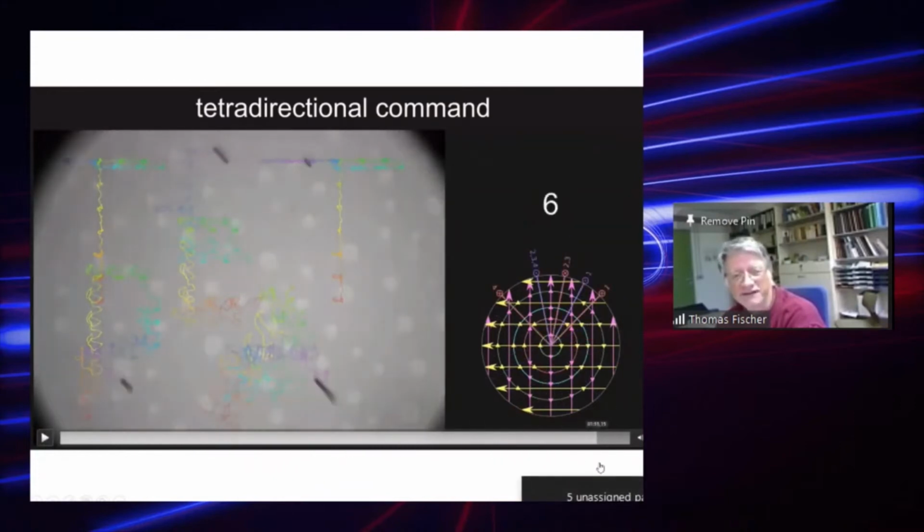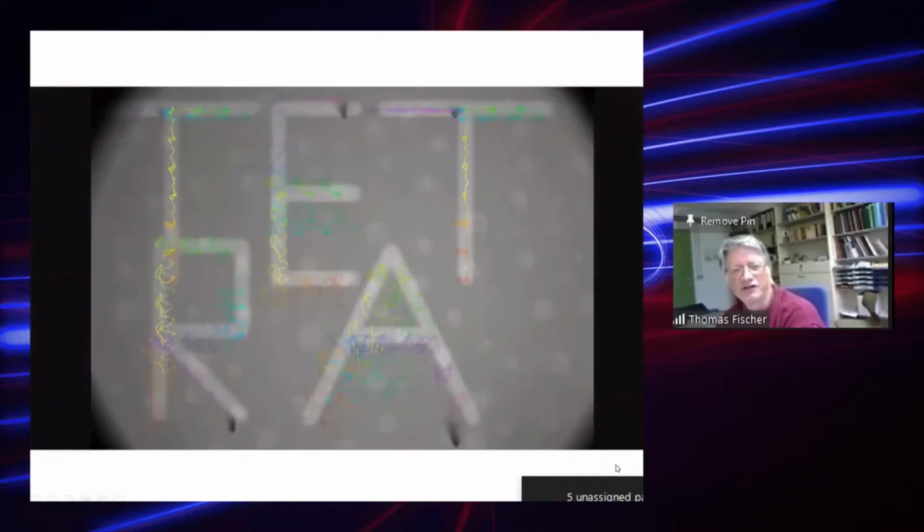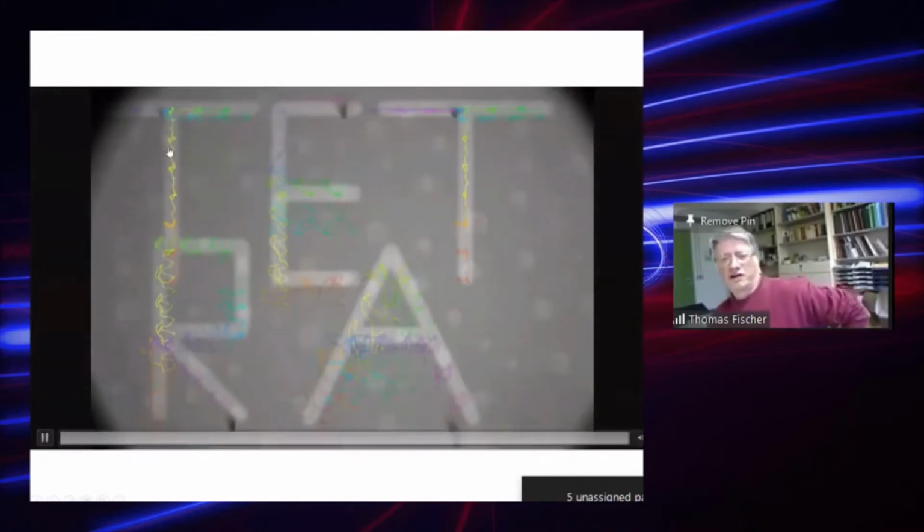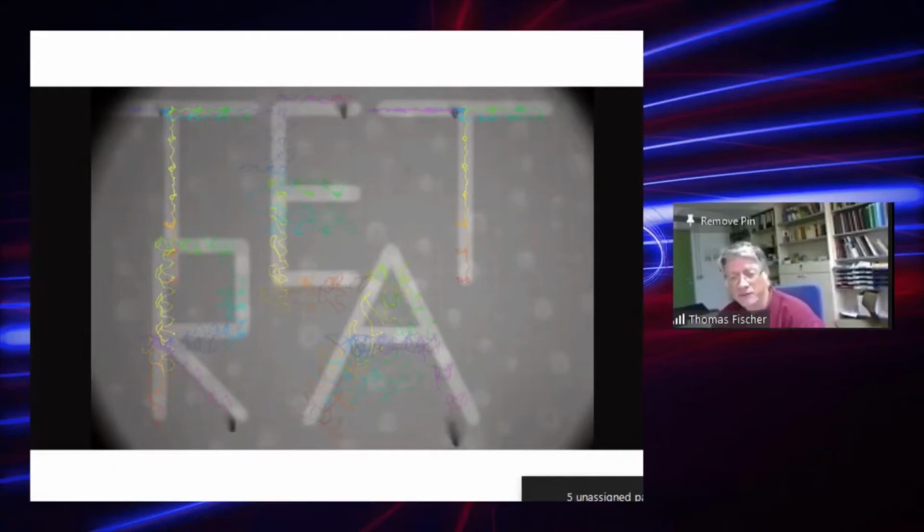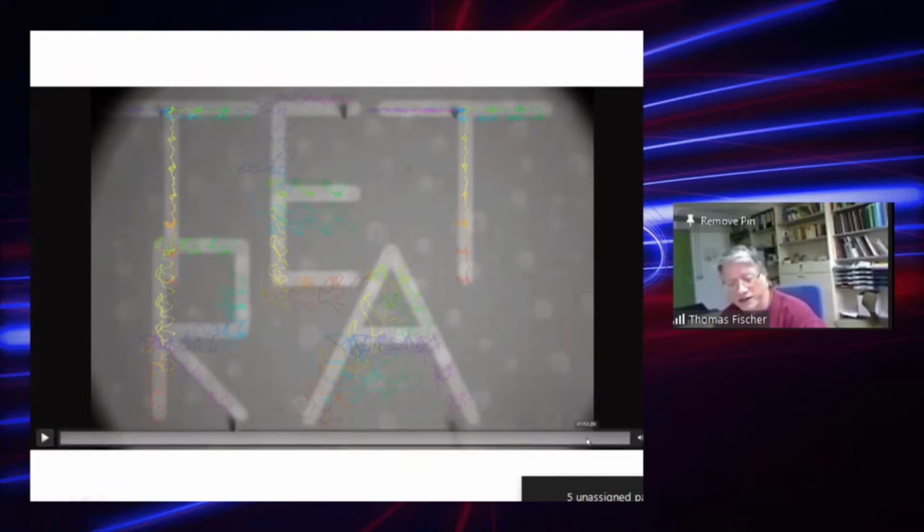4, 5, 6, 7. And you see that we have given a command writing tetra. So the command is interpreted as a T by one particle and also by the other particle, but with the E for the other length particles, and A for the longest length. So we can write letters simultaneously, telling different particles to write different letters.